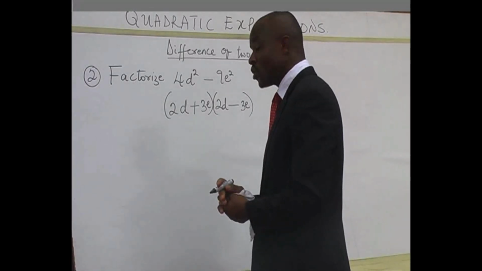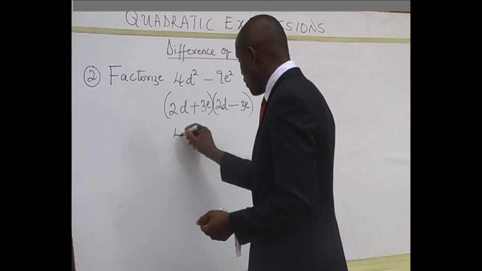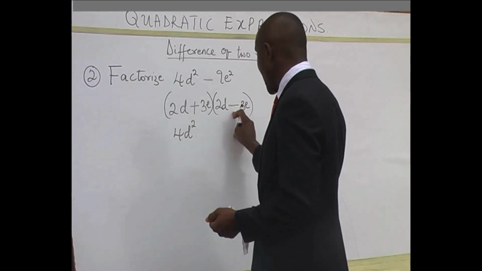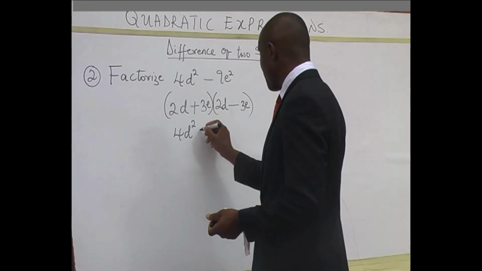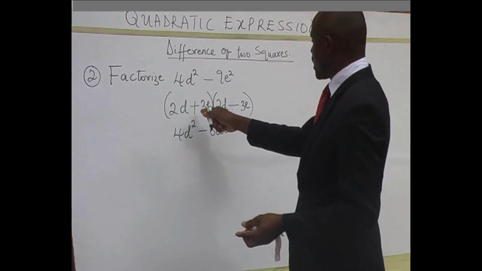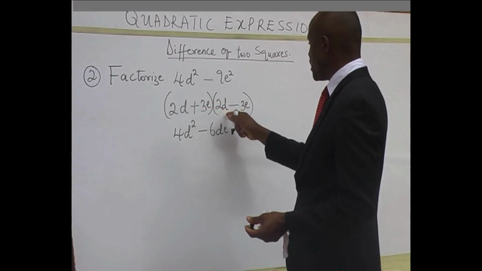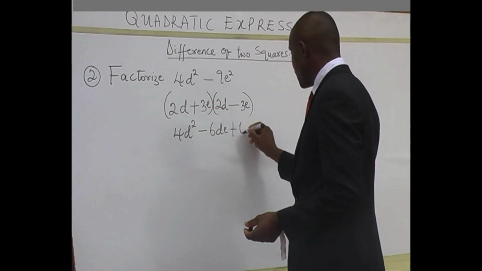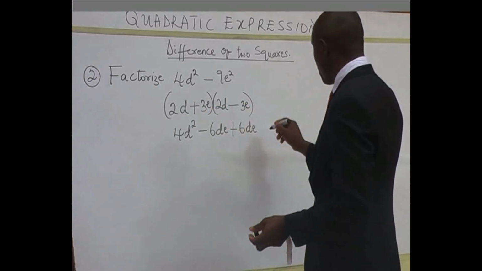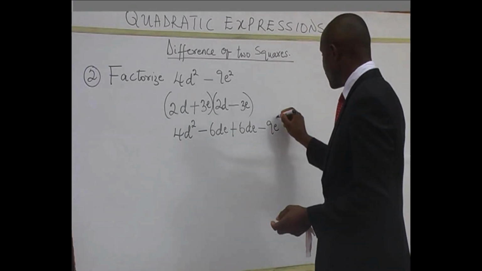Expand to check if what you got is correct. 2d times 2d will give you 4d squared. 2d times minus 3e will give you minus 6de. 3e times 2d will give you plus 6de. Then 3e times minus 3e will give you minus 9e squared.